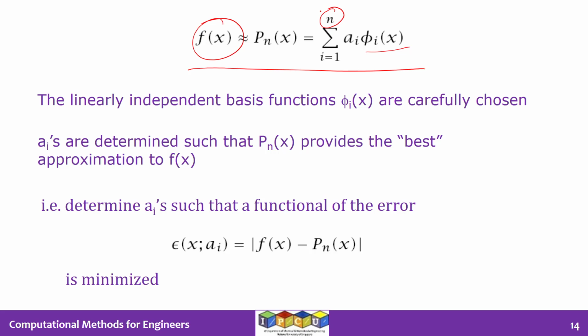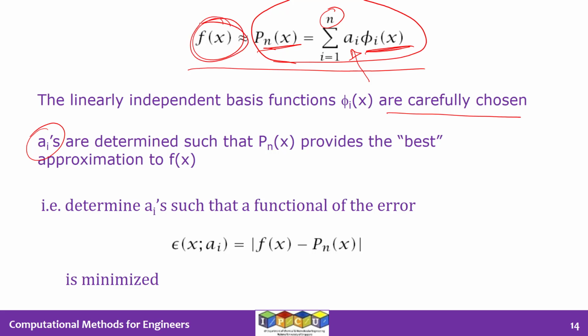The linearly independent basis functions psi i of x are to be carefully chosen. And you can determine the ai's, the coefficients, which are unknown at this stage, using the idea of least squares, so that the functional approximation you construct is as close as possible to the function f of x. The tuning parameter for us is n. How many basis functions would you use? That is one of the parameters that is under our choice.